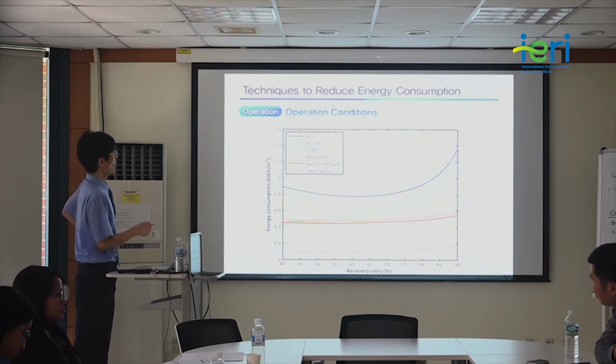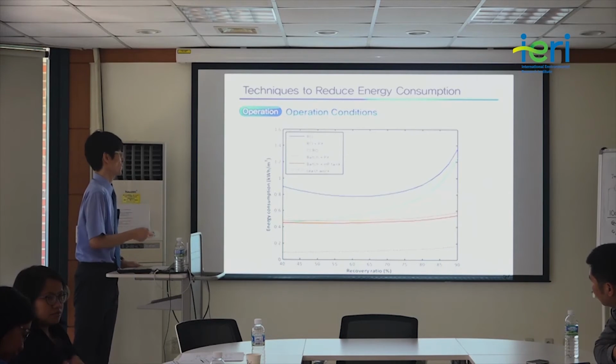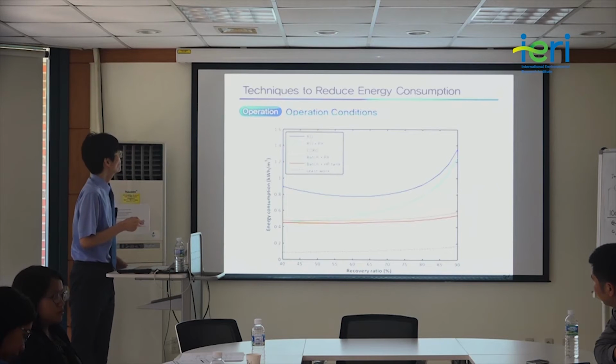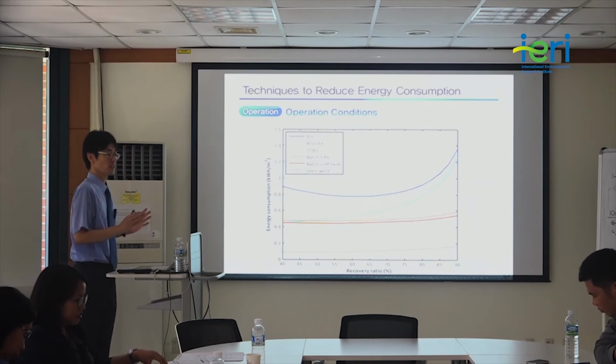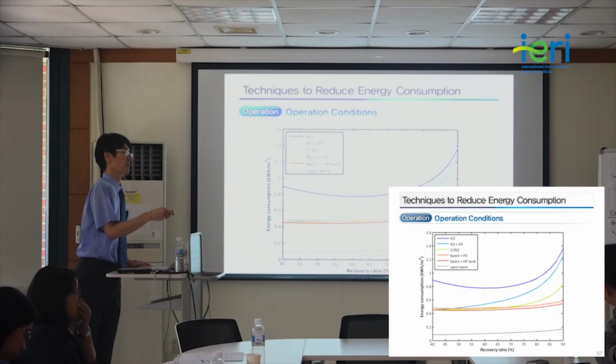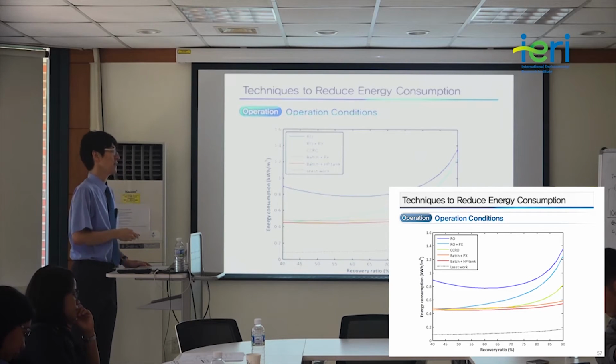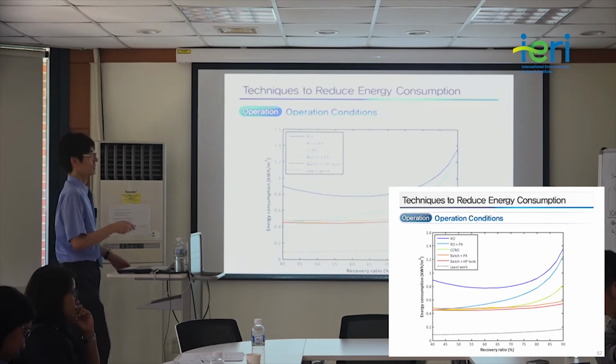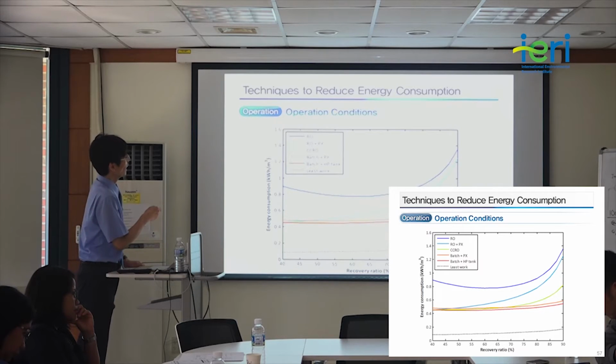So this is why we have this kind of complicated picture. If we just consider reverse osmosis, even without considering pretreatment and intake, if we have the energy recovery device, that's the light green line.